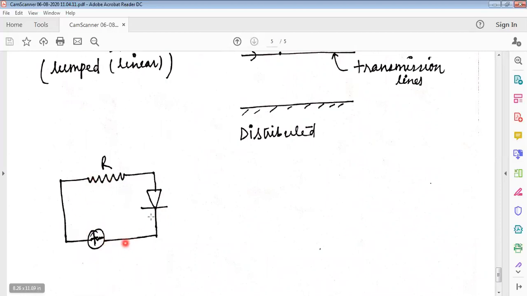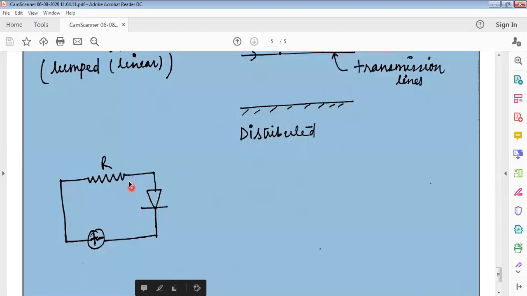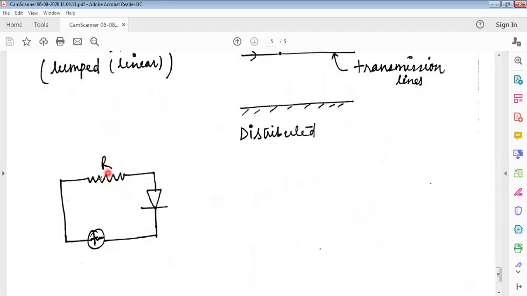So in this circuit also KVL and KCL can be applied because this is a lumped parameter. The resistance is not present along the entire length of the line. So here KVL and KCL you can apply, but in this circuit you cannot apply Ohm's law. Why? Because Ohm's law can be applied only for linear circuits and the diode is non-linear. So here Ohm's law you cannot apply, but KVL and KCL can be applied.